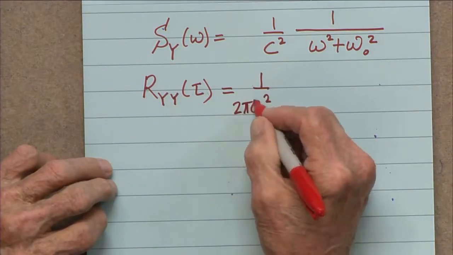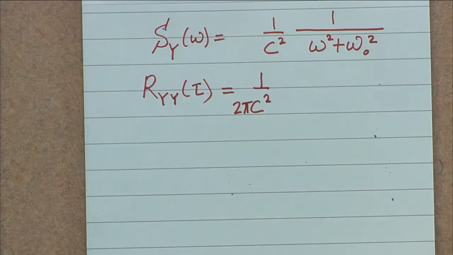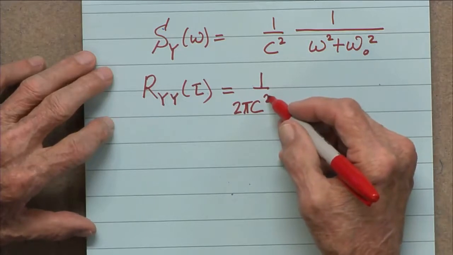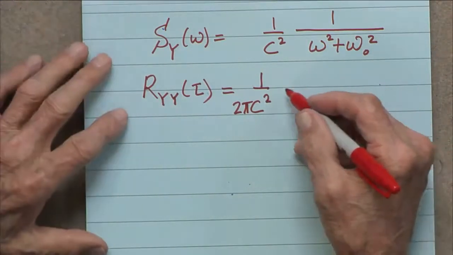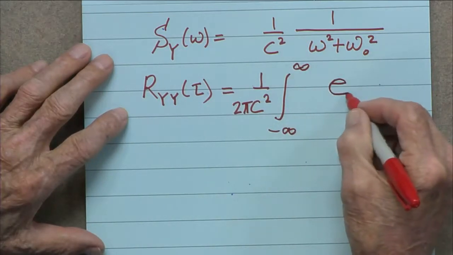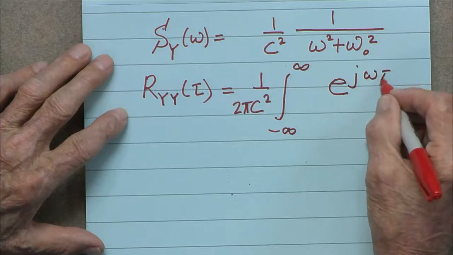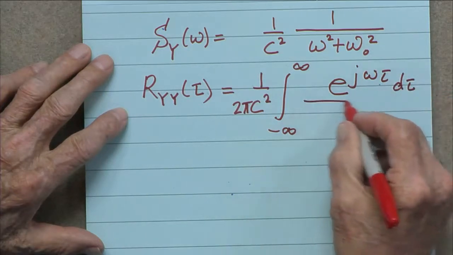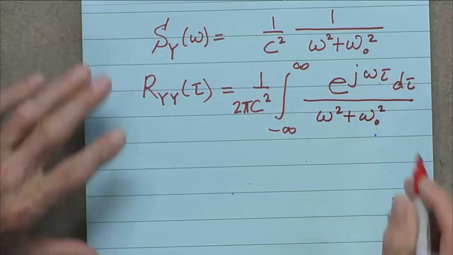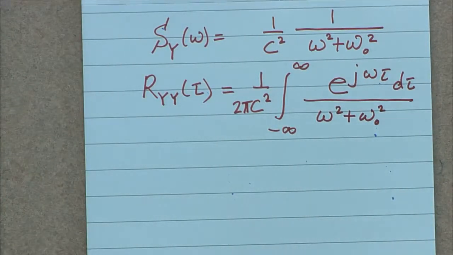Don't forget the 2 pi, because it's 1 over 2 pi times the integral from minus infinity to plus infinity of e to the j omega tau d omega, divided by omega squared plus omega 0 squared. Is everything okay now?